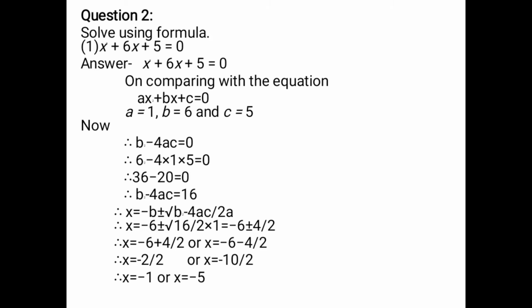Then x is equal to minus 6 plus or minus 4 divided by 2, since the square root of 16 is 4. x is equal to minus 6 plus 4 divided by 2, or x is equal to minus 6 minus 4 divided by 2. Therefore x is equal to minus 2 by 2 and x is equal to minus 10 by 2.